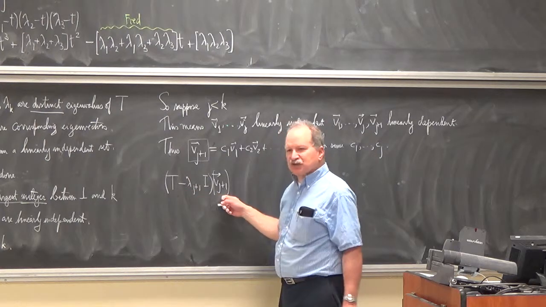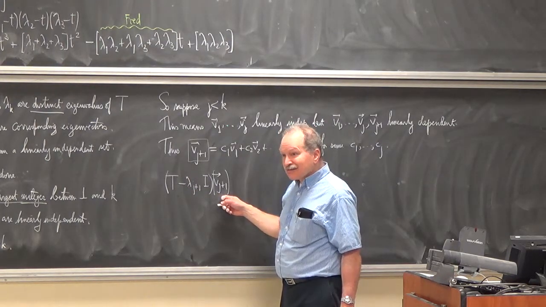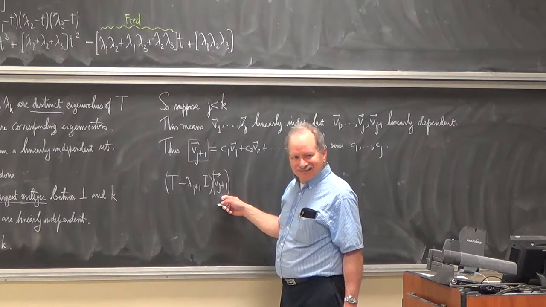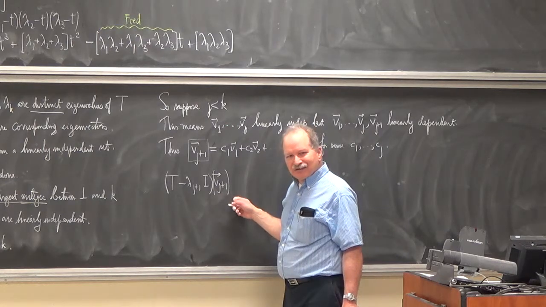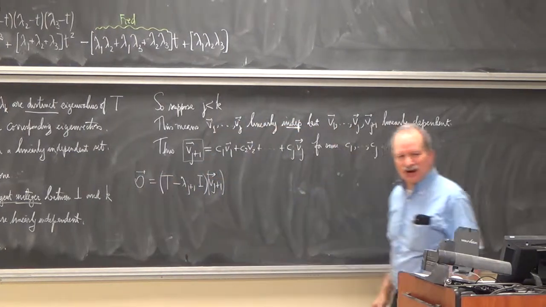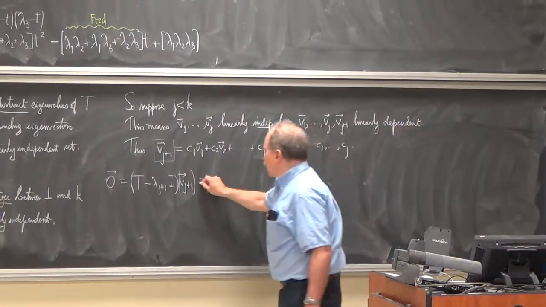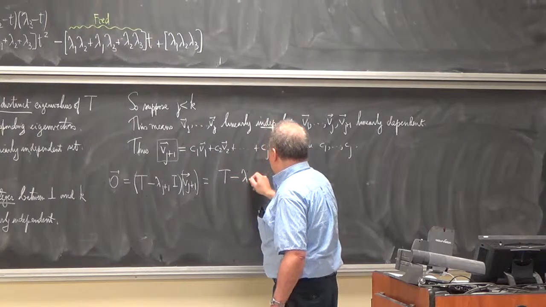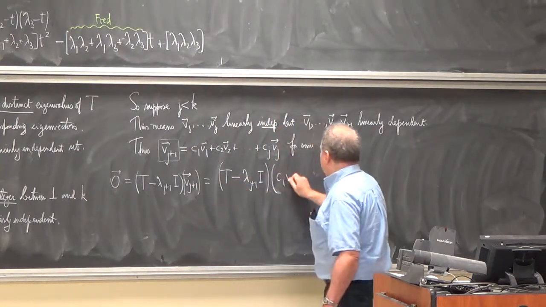What's T of vj plus 1? It's lambda j plus 1 times vj plus 1. So if I subtract lambda j plus 1, I have 0. This is our way of finding the eigenvectors, right? You do the null space of A minus lambda I. So I'm going to apply T minus lambda j plus 1 times the identity to the whole right-hand side.